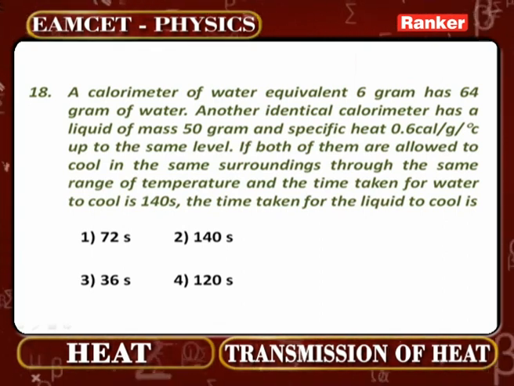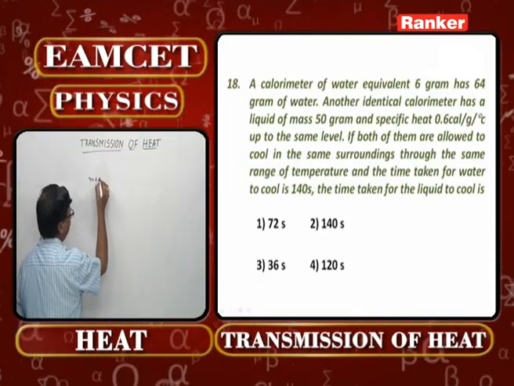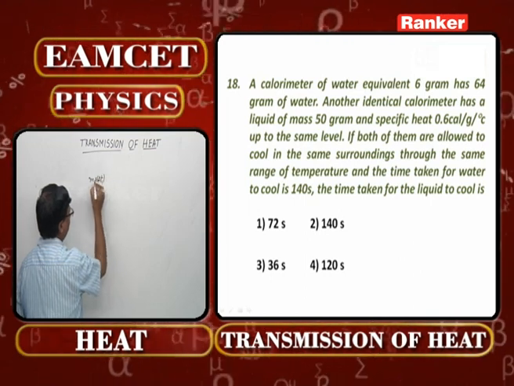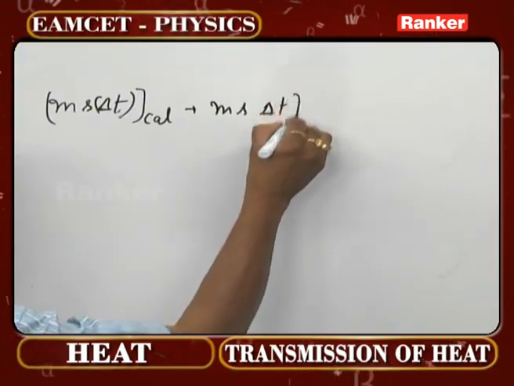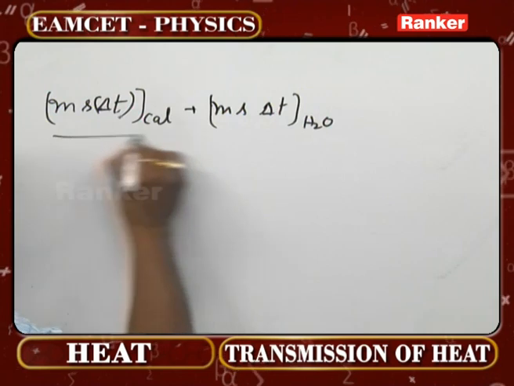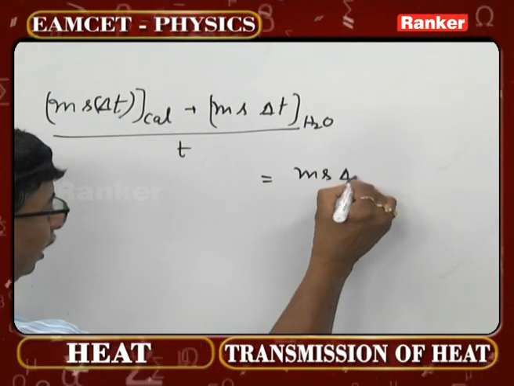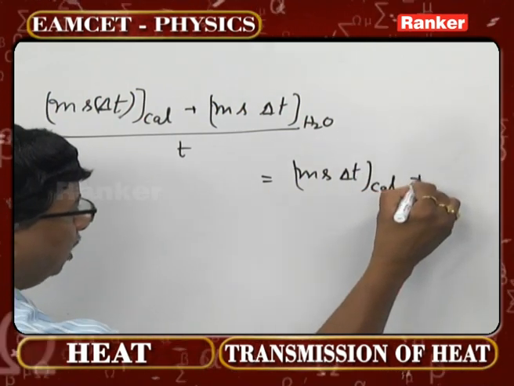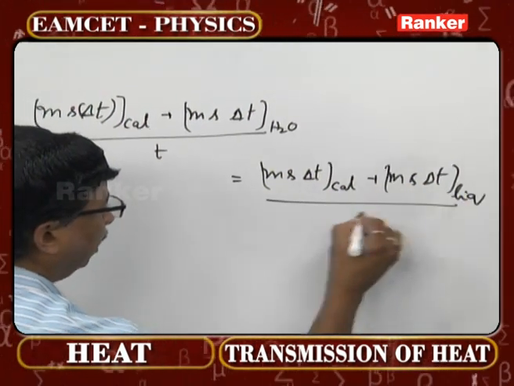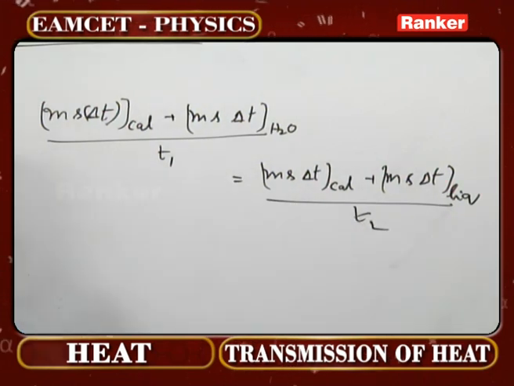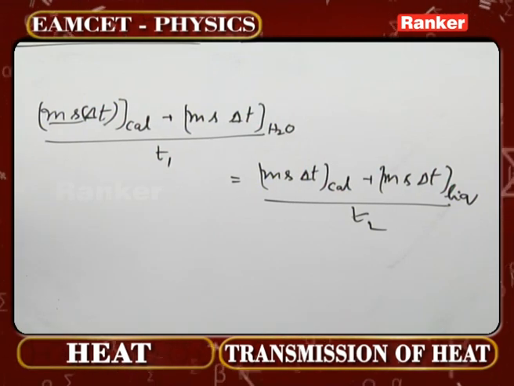Now here you can understand the powers are going to be equal. That means you can say (ms delta T of the calorimeter plus ms delta T of water) whole divided by time, that means total power, must be equal to (ms delta T of the calorimeter plus ms delta T of that liquid) whole over the time. Here it is T1, here it is T2. Now what is ms of the calorimeter given? Water equivalent of 6 gram.